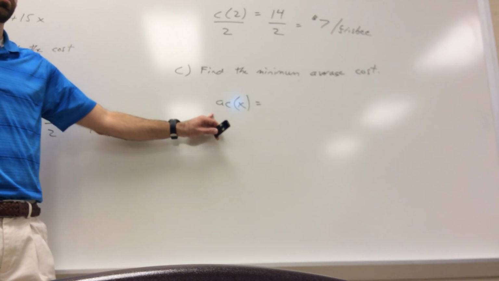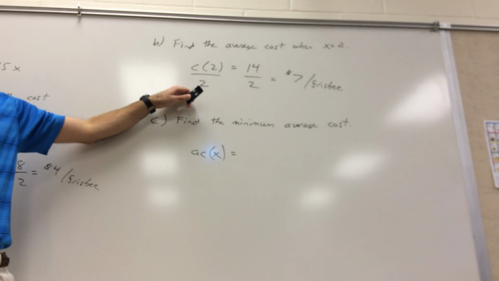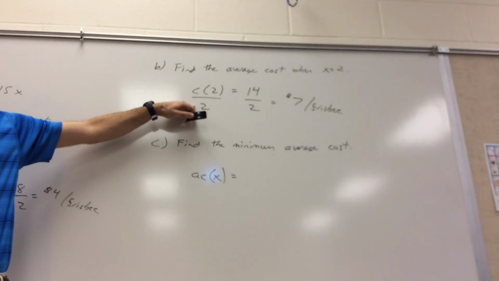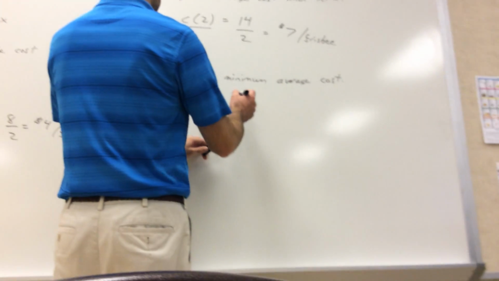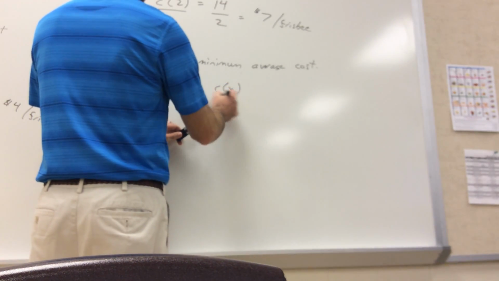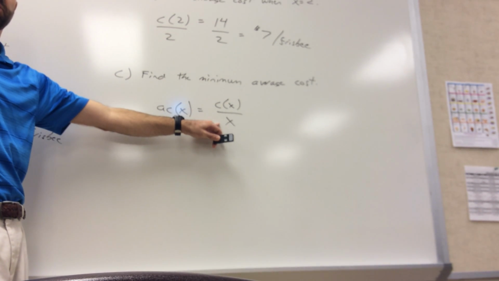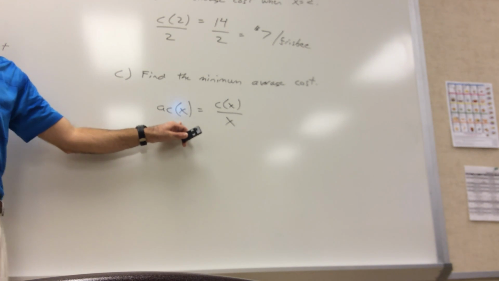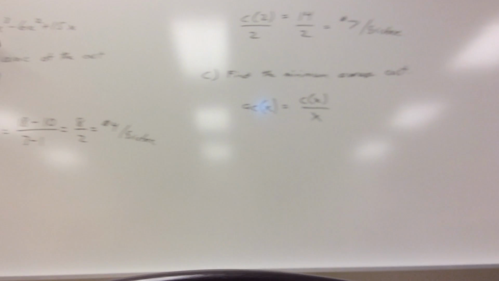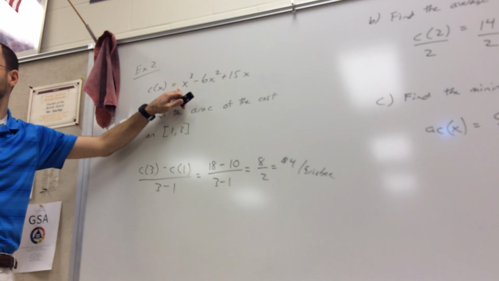But we've already figured out average cost here, right? The way you figure out average cost is you take the total cost divided by how many you made. The formula for the total cost is right here, x cubed minus 6x squared plus 15x. So to figure out average cost, we just divide that by x.